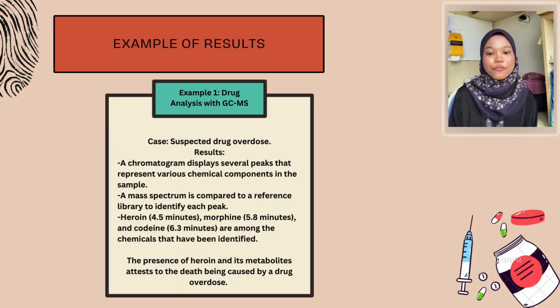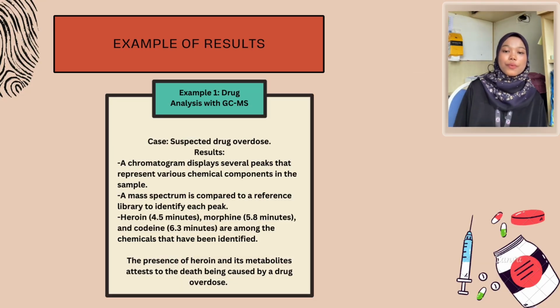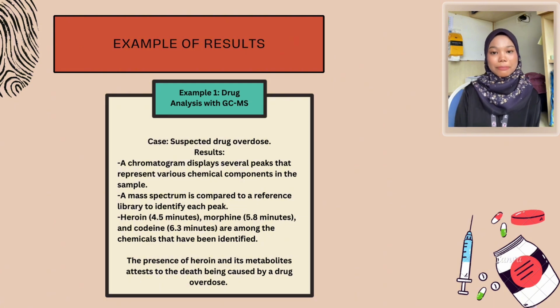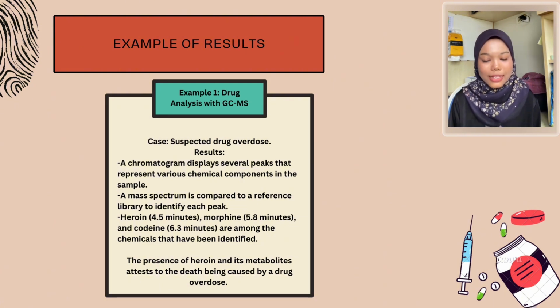Now, let's move on to examples of results. We have several examples. Firstly, we have drug analysis with GC-MS. This case is a suspected drug overdose, and the result is a chromatogram displaying several peaks that represent various chemical components in the samples.